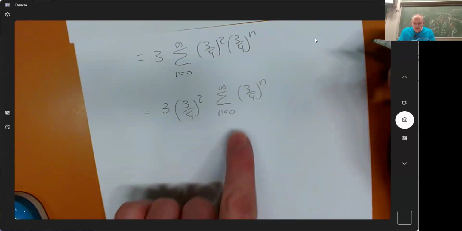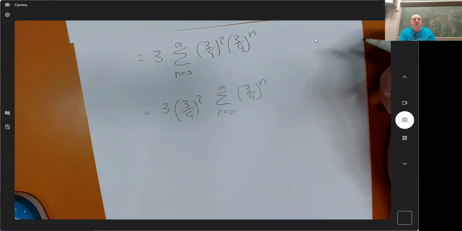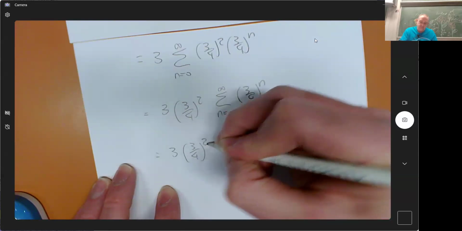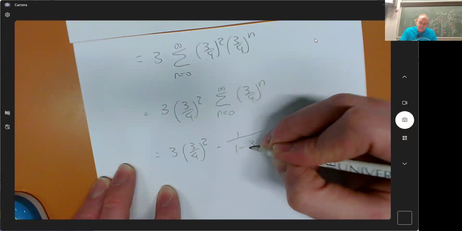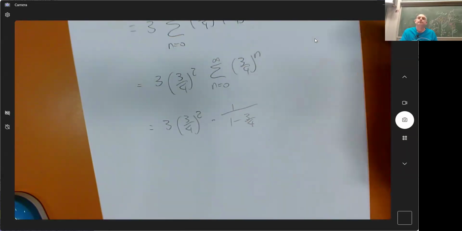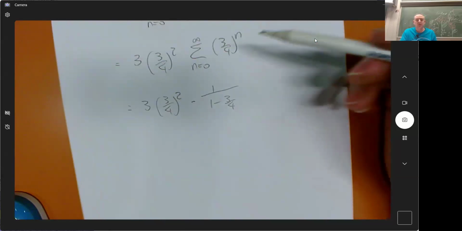Okay, now it starts at 0. Now I can use the formula. Like that. So that's how the formula works.